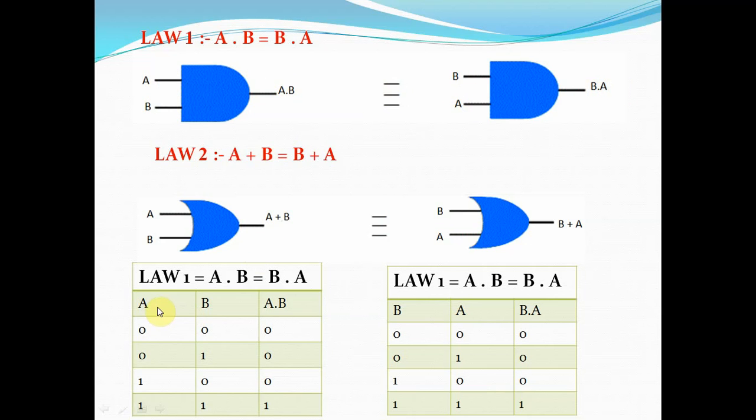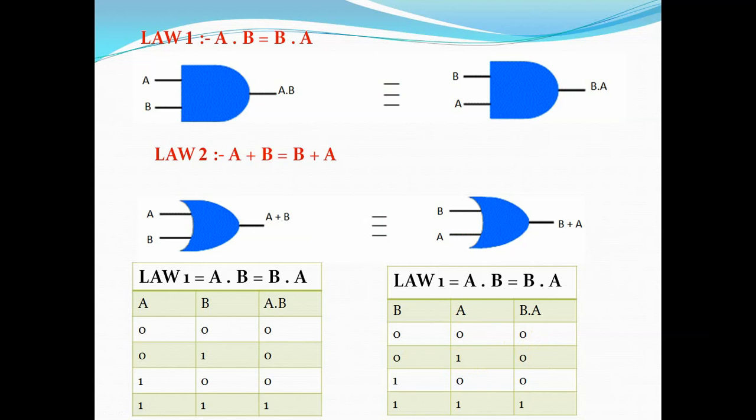For a b, there are two inputs, so it produces four possible outcomes: 0 into 0 becomes 0, 0 into 1 becomes 0, 1 into 0 becomes 0, 1 into 1 becomes 1. This law is again implemented for the truth table of b and a, where we just change the position of the inputs. 0 into 0 becomes 0, 0 into 1 becomes 0, 1 into 0 becomes 0, 1 into 1 becomes 1.